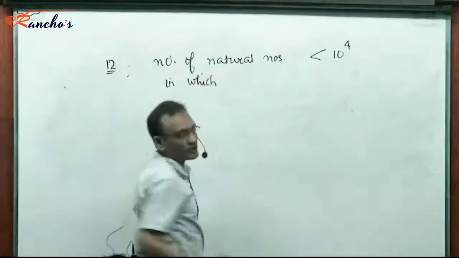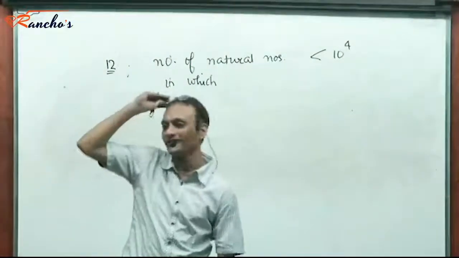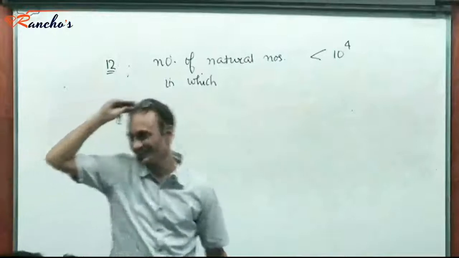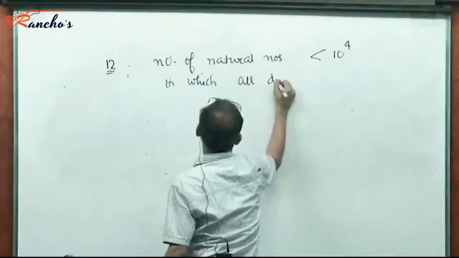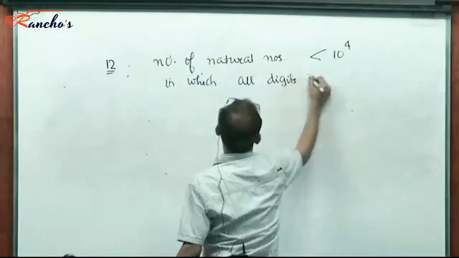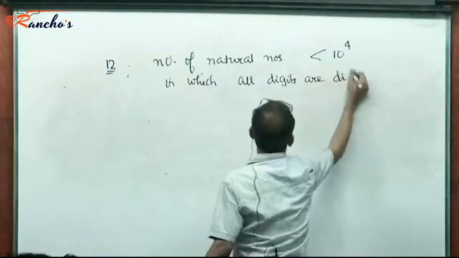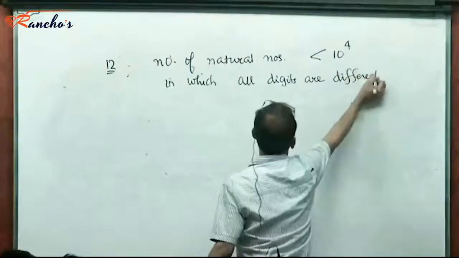No, if it is only about the number of natural numbers less than 10 to power 4, that's 9,999, right? But in which all digits are different. We want to carry this count.